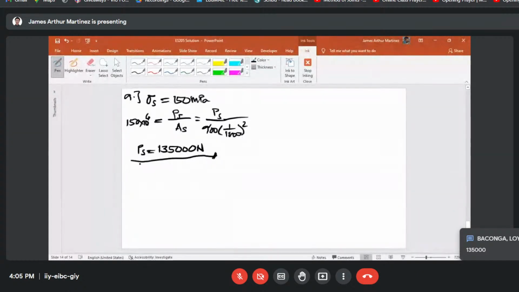And so, if the allowable internal reaction of steel is 135,000 Newton, how much would be PA?